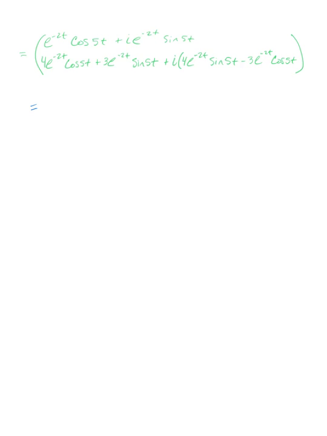Equals, the real part is e to the negative 2t cosine 5t in the first component, and then in the second component, the real part is 4e to the negative 2t cosine 5t plus 3e to the negative 2t sine 5t.